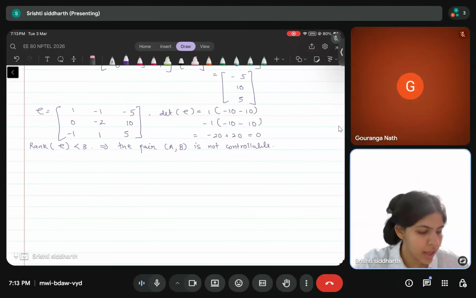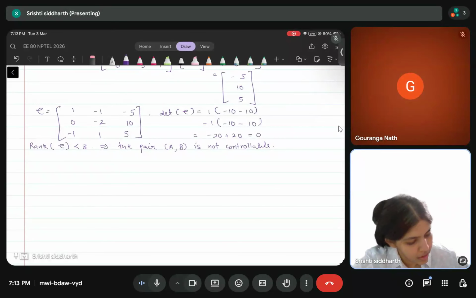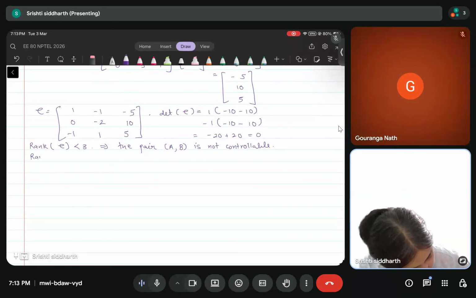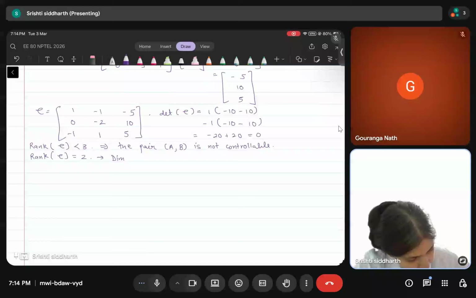But let's see if this can be decomposed into the standard form for a controllable system. Using that, we can design the controller for the controllable subsystem. We can actually check the rank. I think the rank of C is 2. This is going to be the dimension of the controllable subspace.